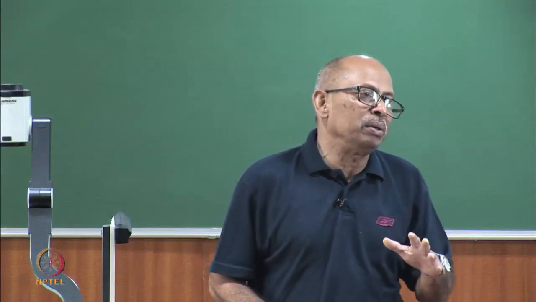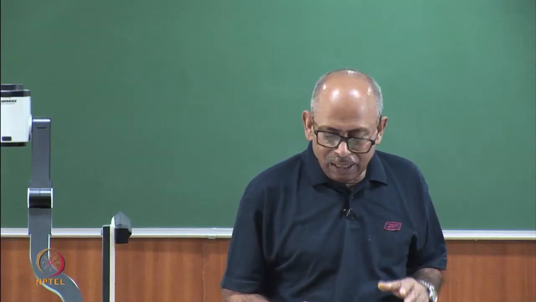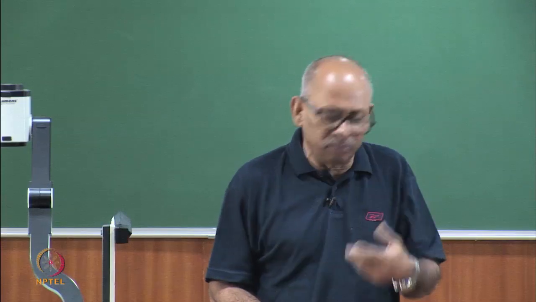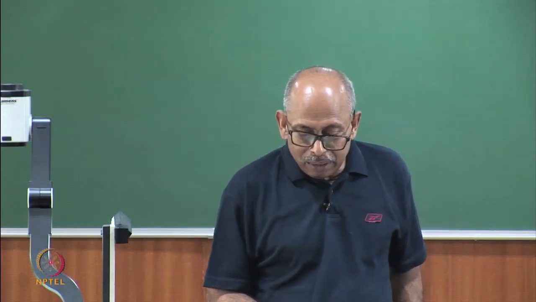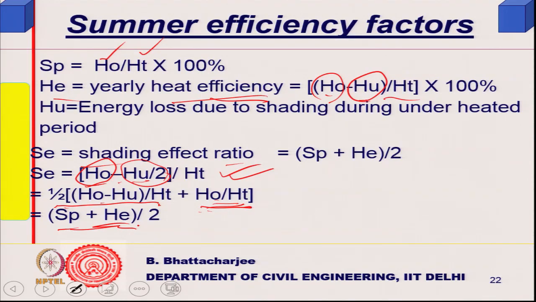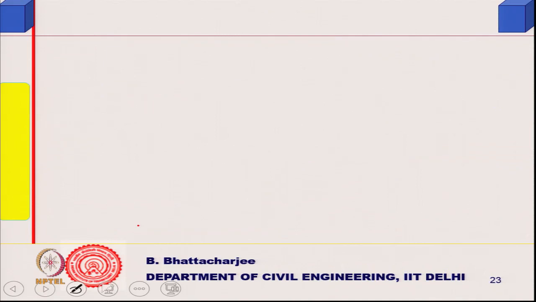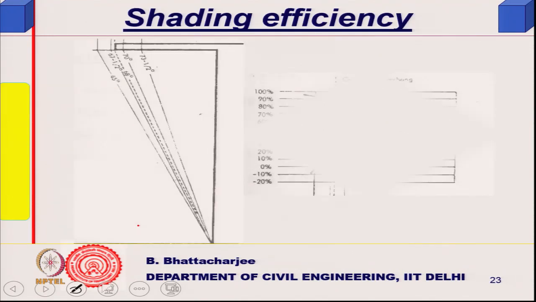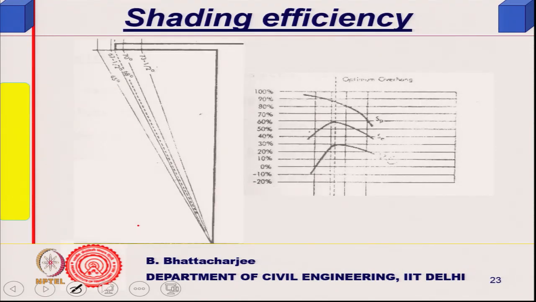So, actually you can determine the length of the horizontal shading device using this kind of concept. If I plot the shading efficiency, AC is the shading effect ratio, you will find that as you go on increasing the length, this is the length, and this is the efficiency as a percentage.